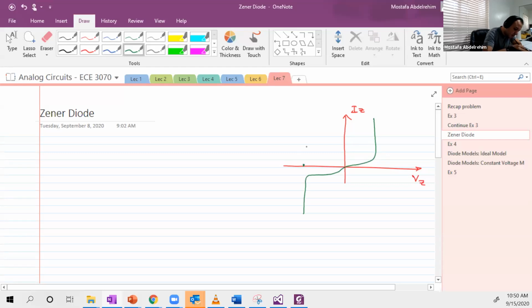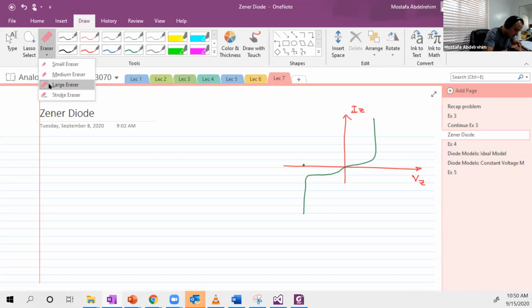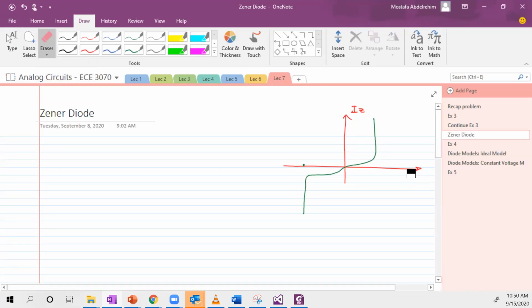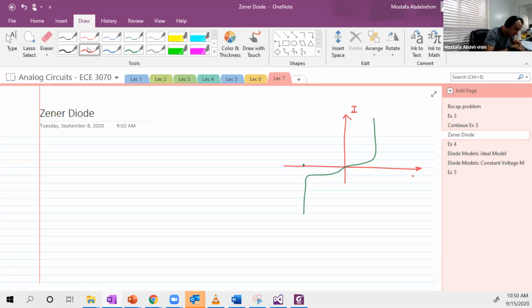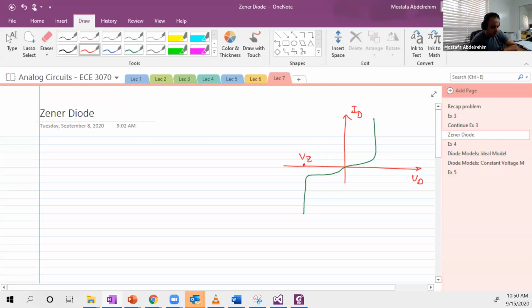This is VD, because it's a diode, but its breakdown voltage is usually called V Zener. V Zener is the breakdown voltage for the Zener diode.